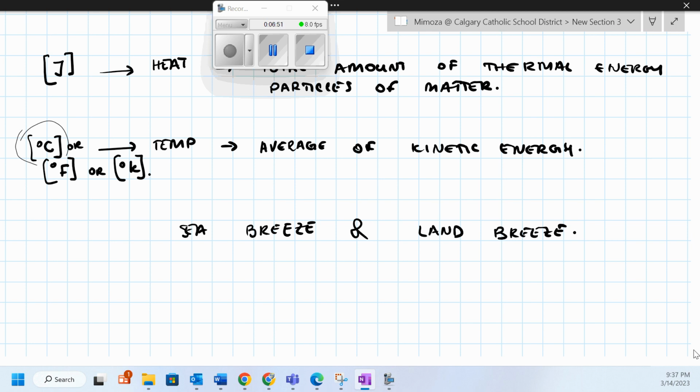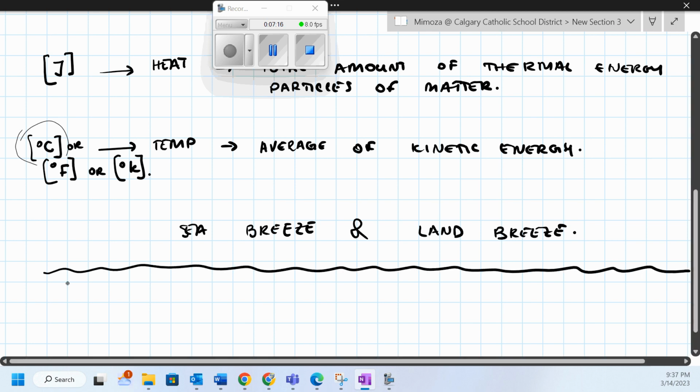You probably have noticed that if you are seated in sand during a sunny day, the sand is hotter than sitting on a piece of metal. So different materials absorb heat at a different rate.